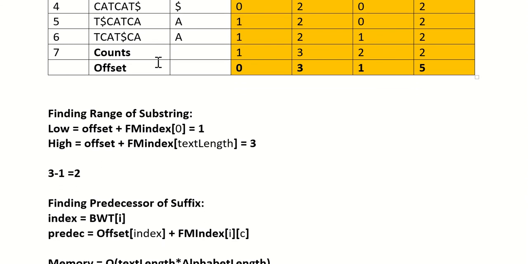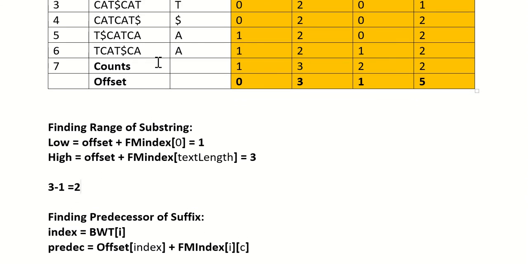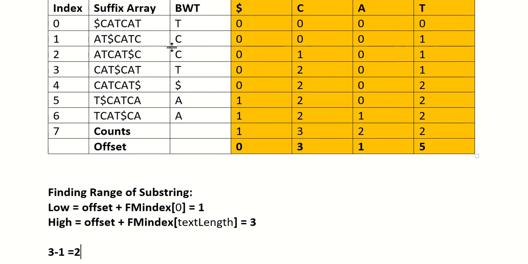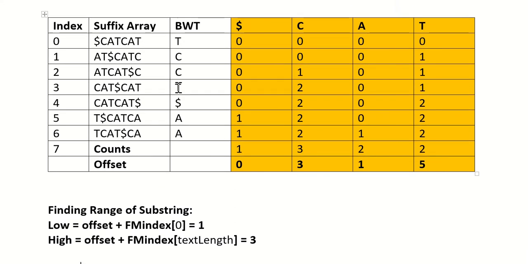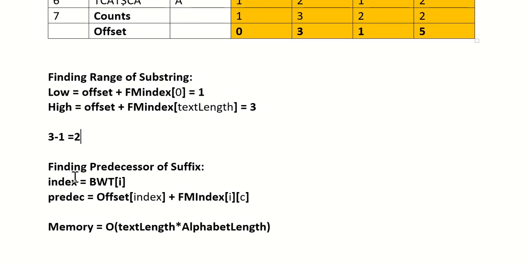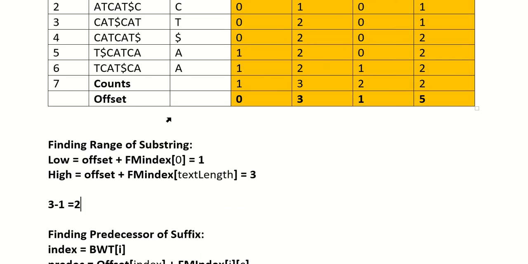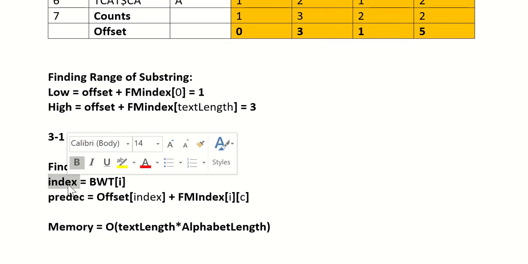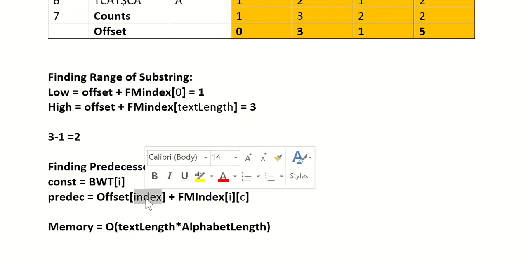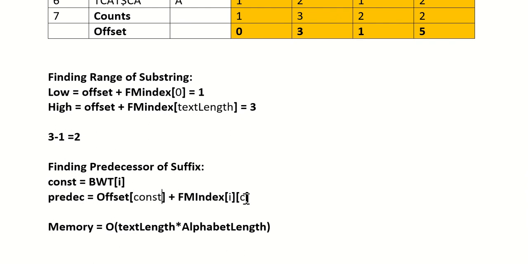And then we can also find the predecessor of a certain suffix. So basically, we can look at the predecessor of either this suffix right here, or we could just look at the BWT and want to find the predecessor of this. So first we would do the BWT at a certain index, and then we would make that equal to a constant instead of an index, because that's a little bit misleading.